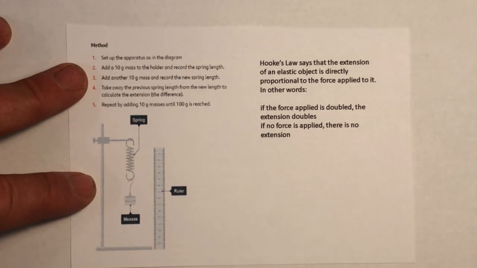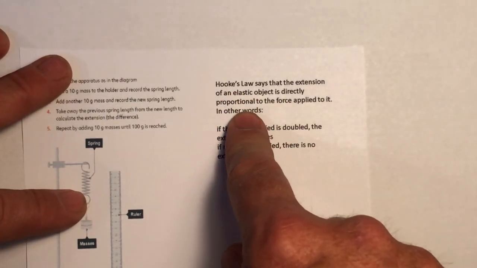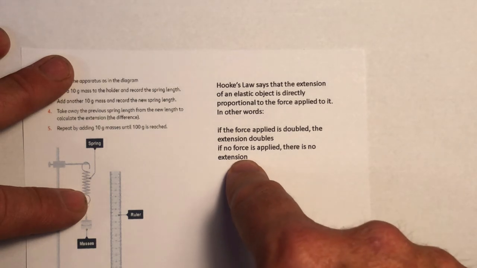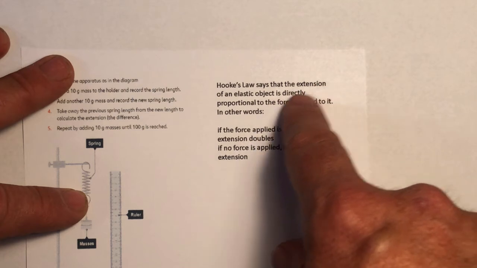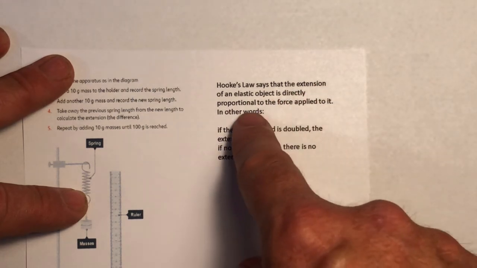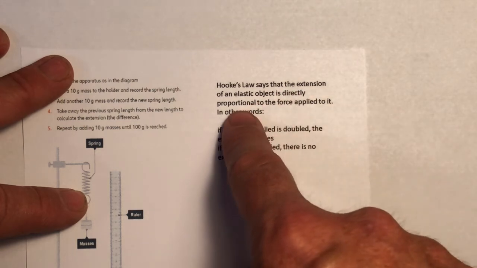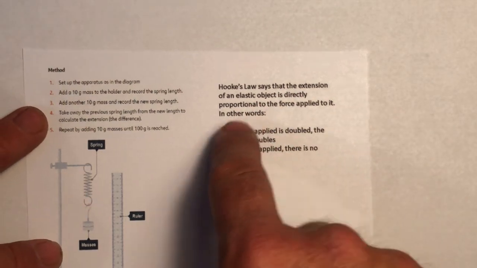Now, for the purpose of your exam, you need to talk about this definition, not this definition, because you need to use all the correct terminology, which is extension of an elastic object is directly proportional to the force applied to it. These words, directly proportional, are what's going to get you the best marks.